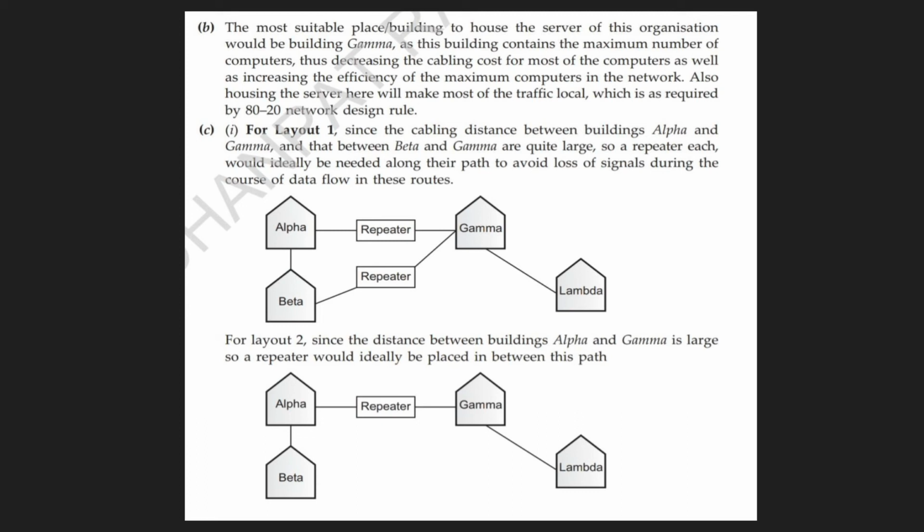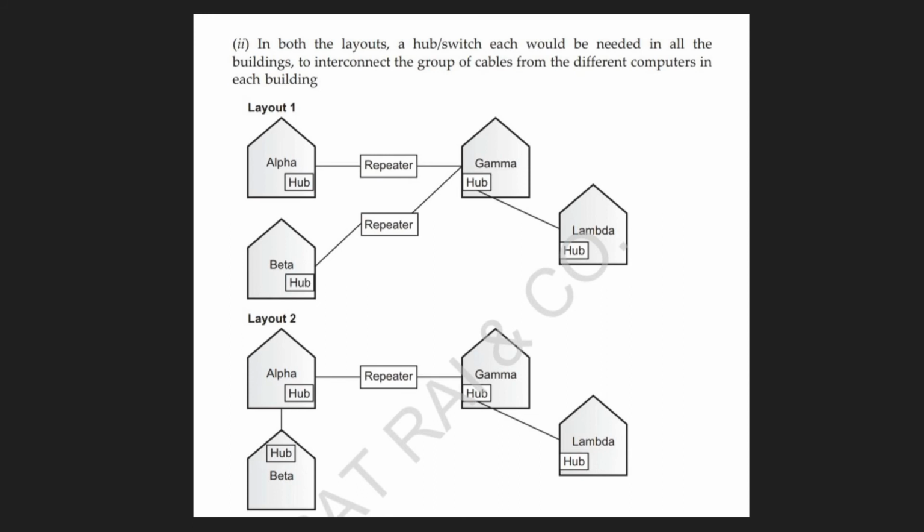So where the distance is large, we place a repeater in that region so that it easily amplifies the signal. As you can see, between alpha and gamma and between beta and gamma, the repeater is placed in layout 1. And in layout 2, we place just one repeater between alpha and gamma only, because beta and alpha are directly connected with each other. So ideally this is better.